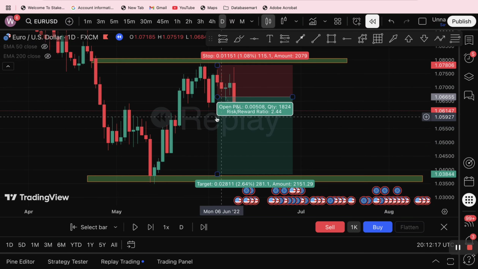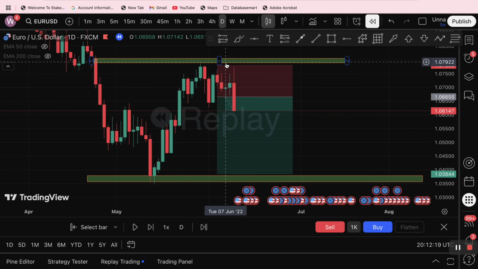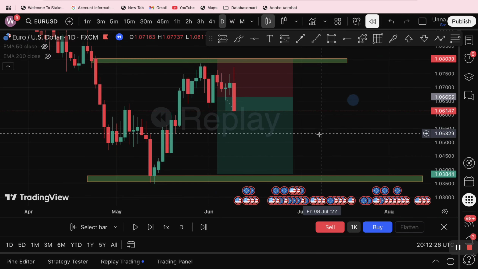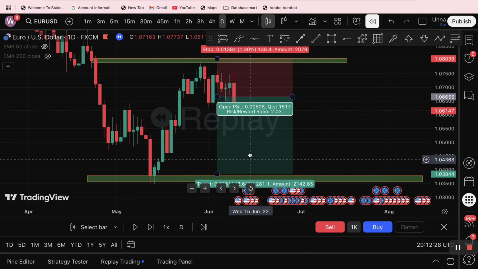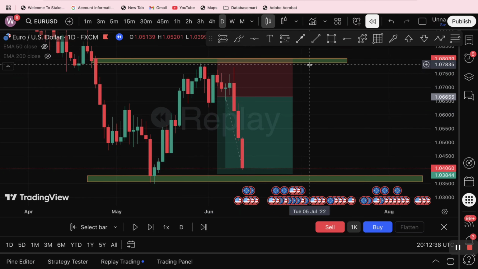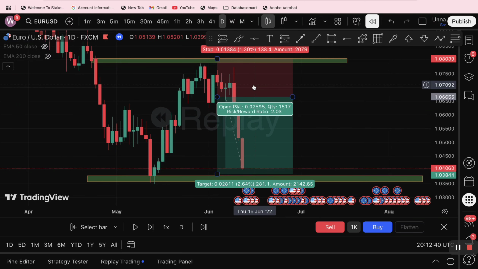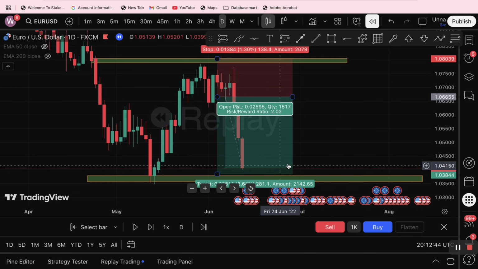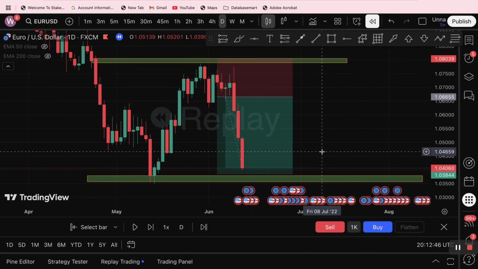So the candle has already formed, so I put my stop loss above the resistance level. I keep waiting for the market. Can you see the market even eats my TP? After the candle formed and closed, I entered, and the market just eats my TP.